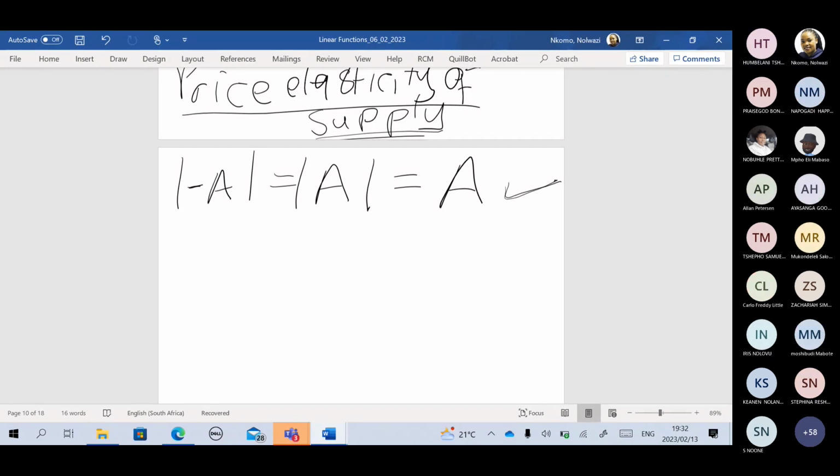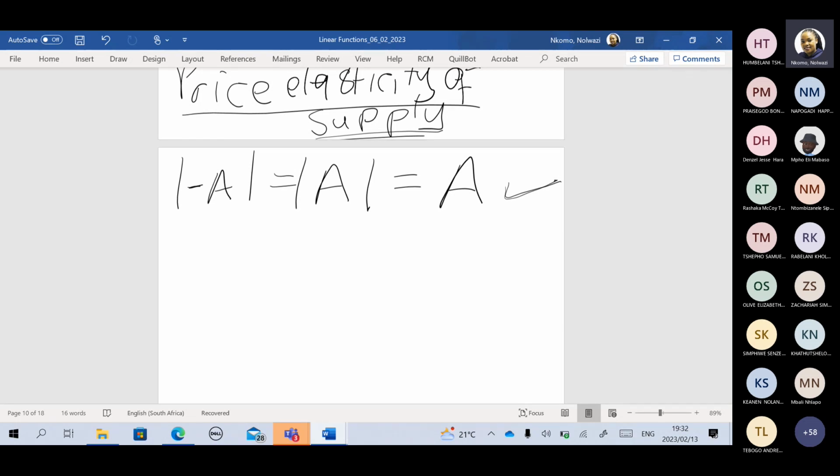All right. Okay, let's move on to the price elasticity of supply. This just indicates how quickly producers shift production levels in response to price changes.